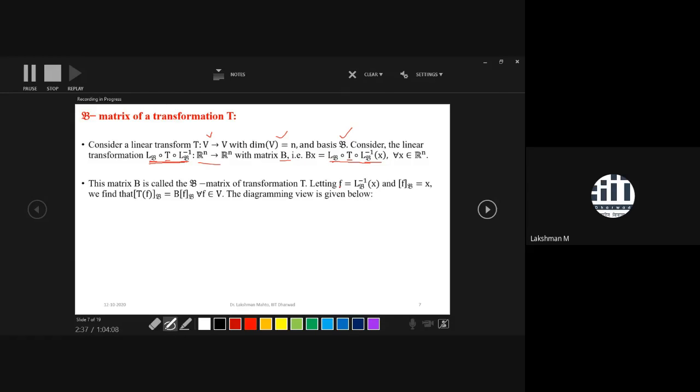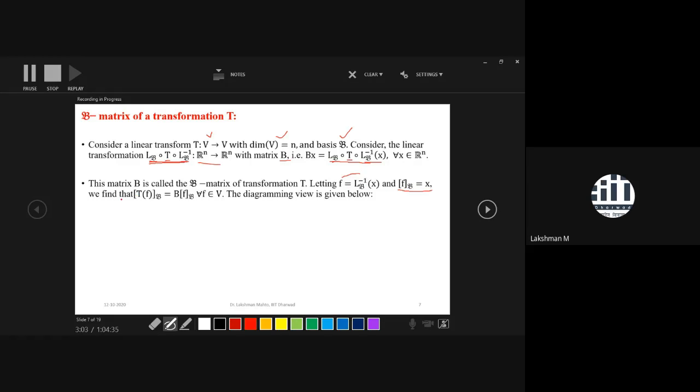So consider that as a pre-image of any n-dimensional vector x. What is the meaning of pre-image? It says that this element of V will have a coordinate with respect to the basis elements, and that coordinate vector would be an n-dimensional vector. That is why this concept is coming. Further, it is written this way: the coordinate of f happens to be x.